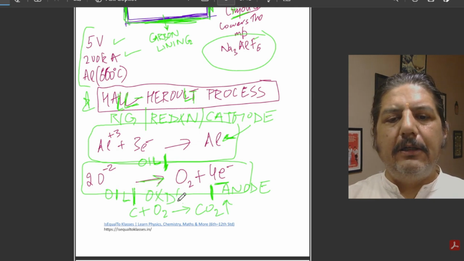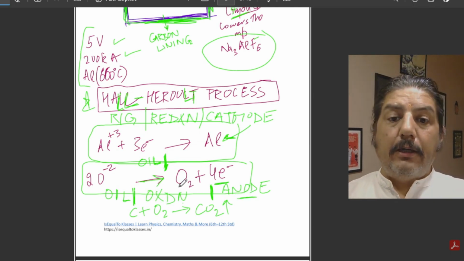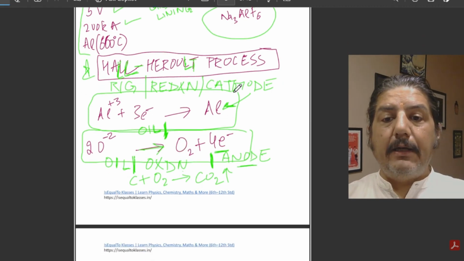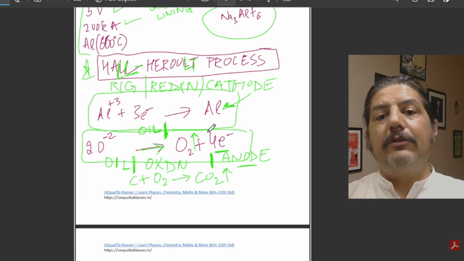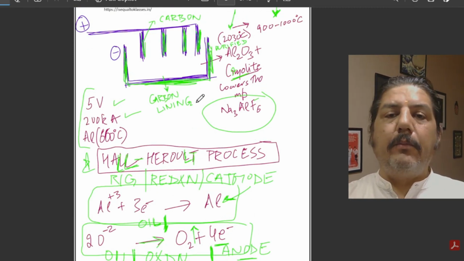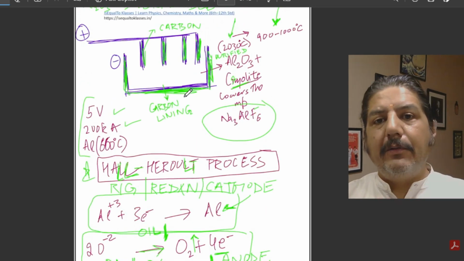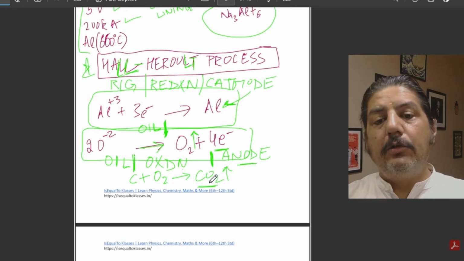Oxidation is happening at the anode. Now, if you look closely, during oxidation, oxygen is being released. This oxygen reacts with the carbon electrodes. The temperature is also pretty high. So this oxygen reacts with the carbon electrodes, and CO2 is formed.